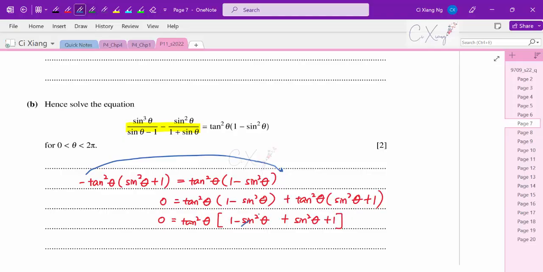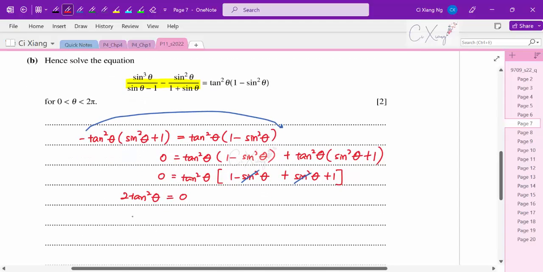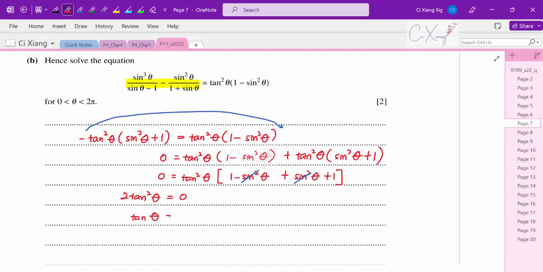If I simplify all this, eventually my equation becomes 2 tangent square theta equals 0. When I bring the 2 over and take the square root, it is still 0. So tangent theta equals 0.